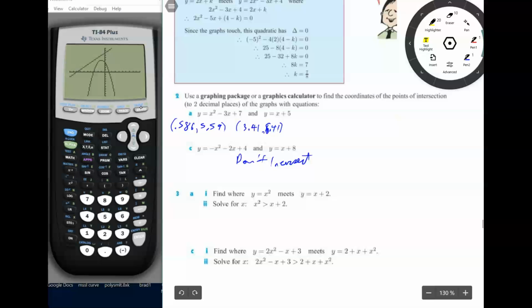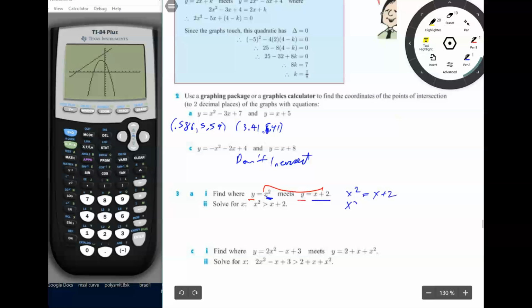So the point where these two meet can be found by equating the y's on both sides, which means equating the right side of each one. So if these y's are the same, I can make the right hand sides, which are also equal to y, equal to each other. So I'm going to say x squared is equal to x plus 2. And when that happens, those are the intersection points of the parabola and the line.